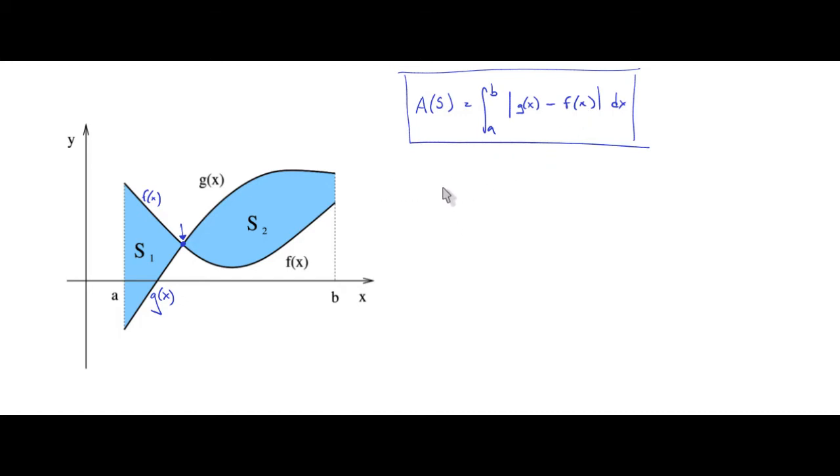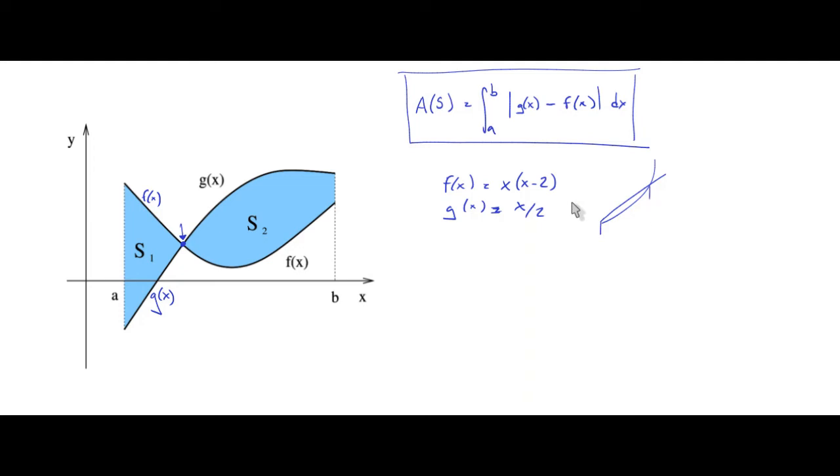let's compute the area between the function f, which is x times (x minus 2), and g, which is x over 2. Now f is a parabola, doing something like this, and g is doing something like this, between the interval 0 and 2.